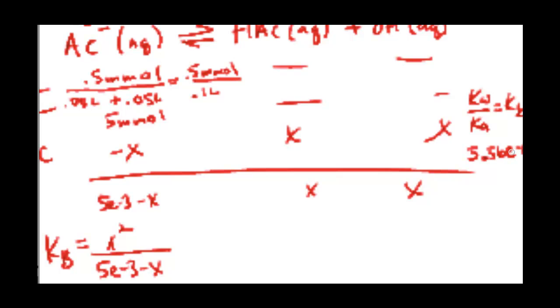Again, that value allows you to neglect the x in the denominator. If you didn't do that, you'd be stuck in quadratic formula land, and most of you fear algebra like Superman fears kryptonite.